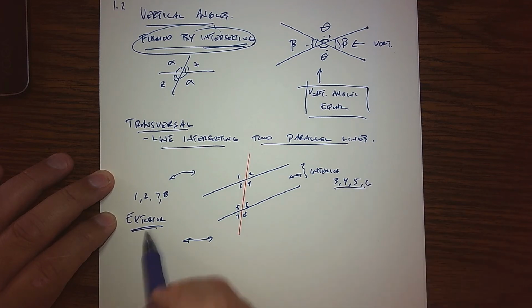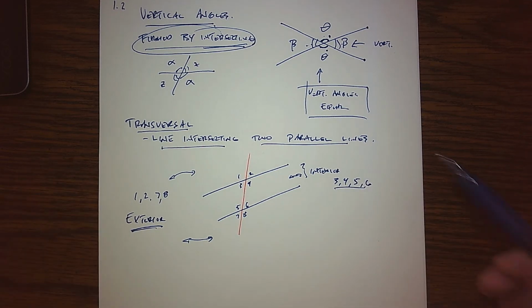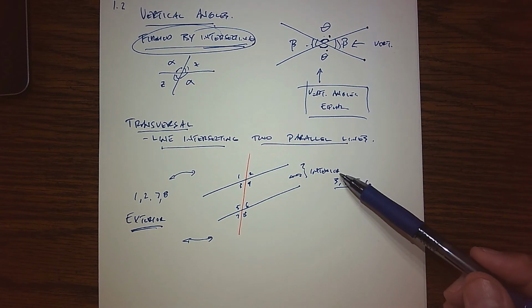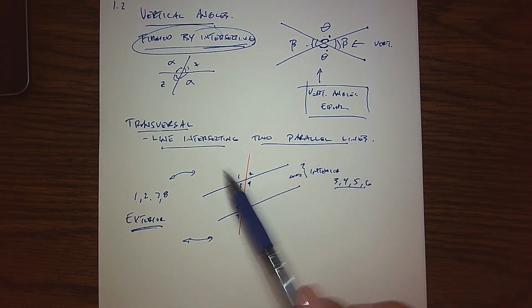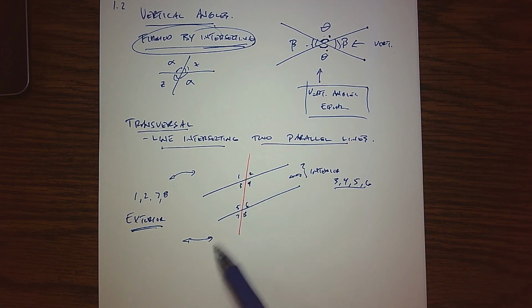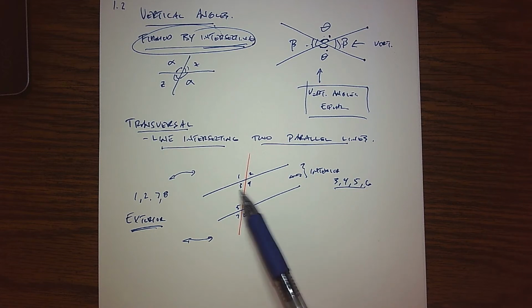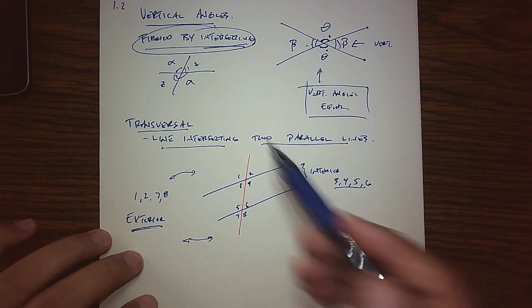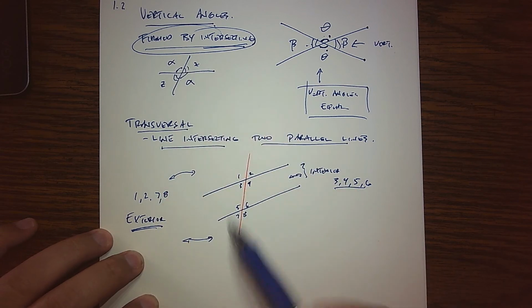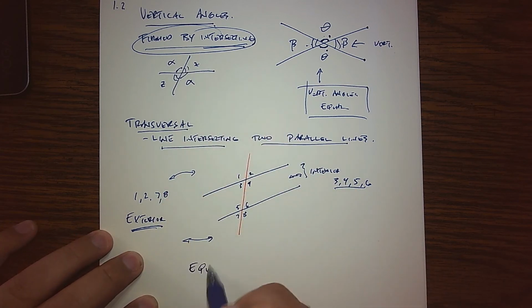So by creating our transversal, we've created an exterior area which has four angles involved in it, and we've created an interior area which has four angles involved in it. And because of what we have, as I noted earlier, we have vertical angles, so we have a lot of equalities hanging out.